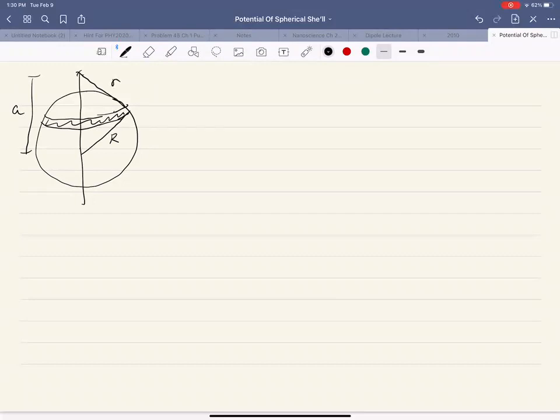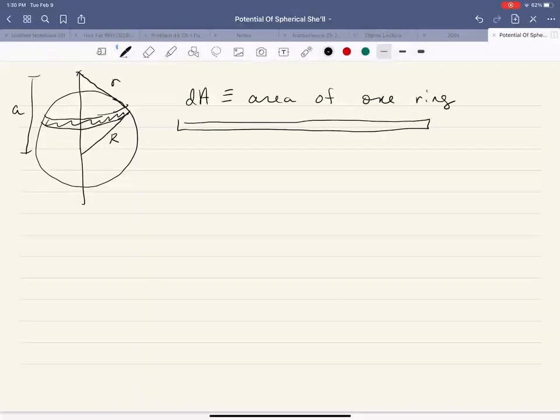Okay, so first things first, dA. Well, dA here would be the area of one ring, right? Now, if you unroll the ring, it's going to make a little rectangle, right?